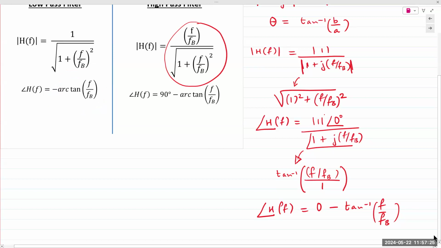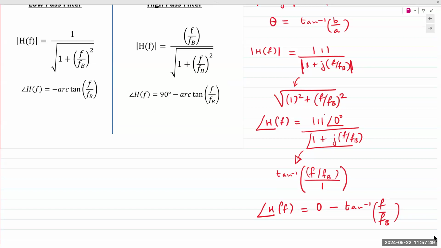When you do the phase angle substitution, you would have tan inverse of B over A. It'd be tan inverse of infinity, which would be 90, right angle triangle. The tangent of 90 would never meet up, right?